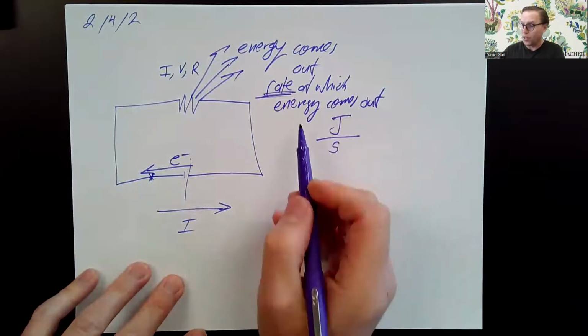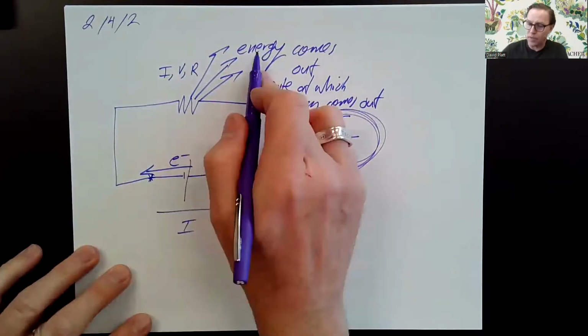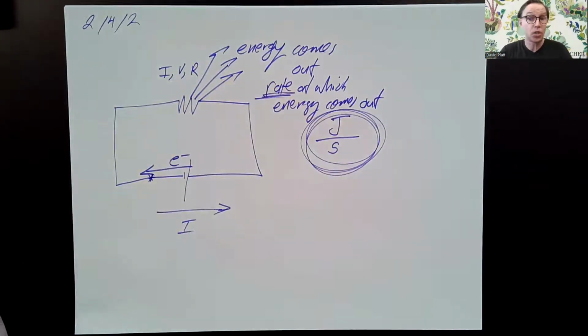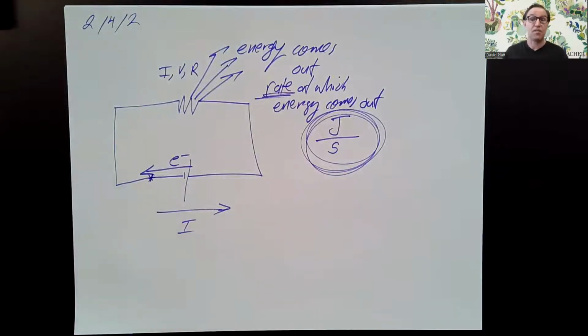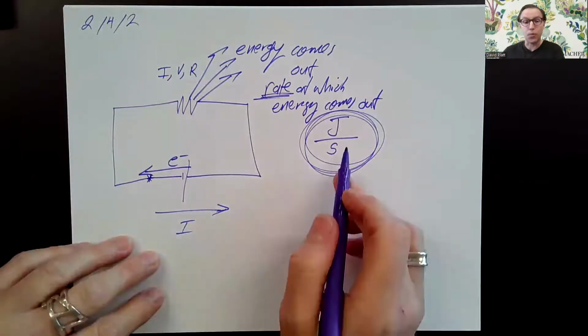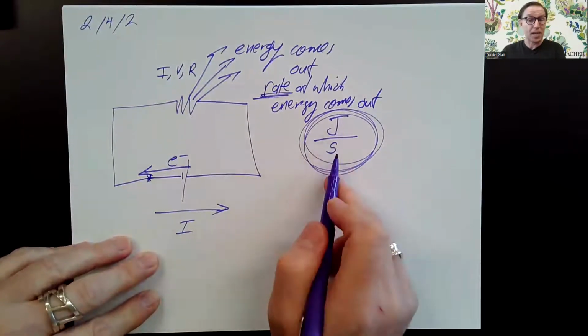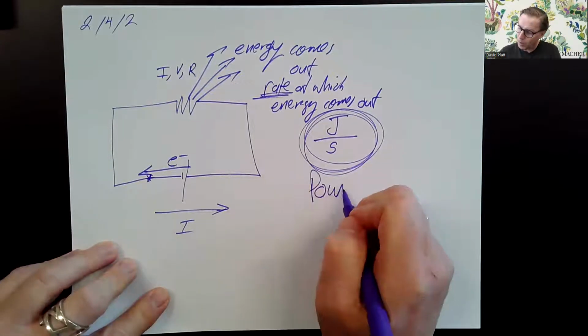The unit for this rate is joules per second. How many joules of energy per second are released? Do you remember this from our previous class, the first year, AP Physics 1? The rate at which something happens with energy is called power.